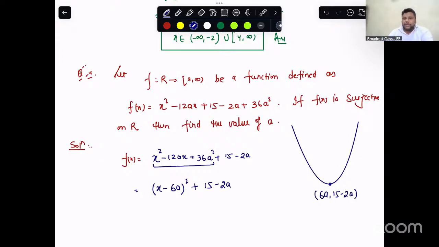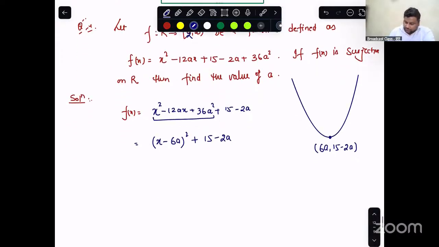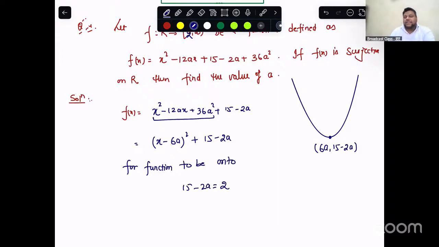Now, if you want it as an onto function, surjective is onto. That means its minimum value 15 minus 2a should be equal to what? 2. Why 2? Because 2 is the minimum point of range. So, for function to be onto, this 15 minus 2a least value should be 2.